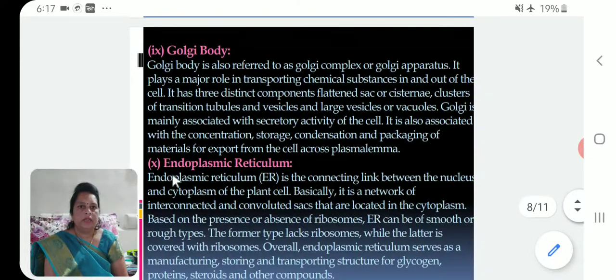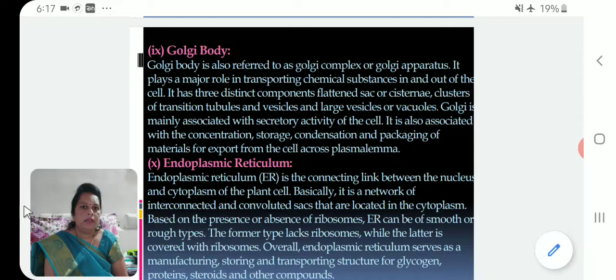Next organelle is the Golgi body. The Golgi body is also referred to as the Golgi complex or Golgi apparatus. It plays an important role in transporting chemical substances in and out of the cell. It has three distinct components: flattened sacs or cisternae, clusters of tubules and vesicles, and larger vesicles and vacuoles.